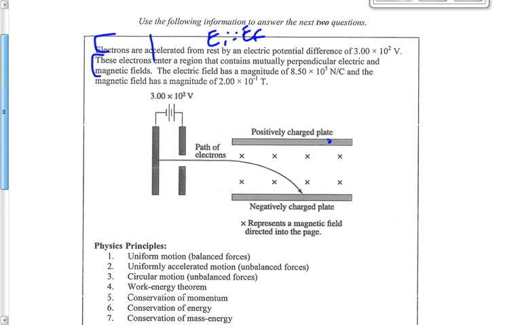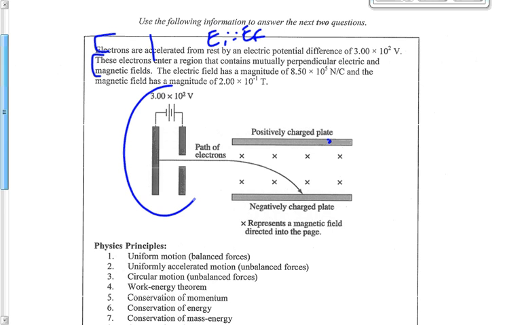So if you ask that question, we've got this electric field and this magnetic field after it's accelerated.